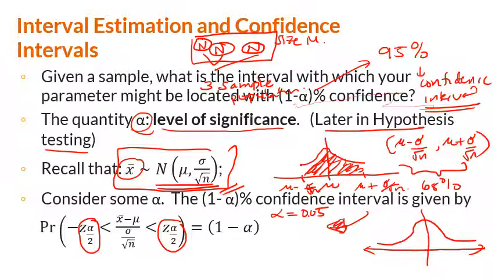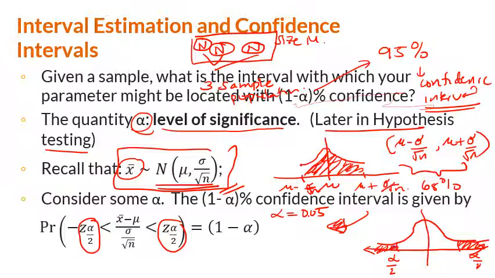Okay, so we are evaluating this particular tail. So alpha, ito, 0.05. Ito yung alpha over 2 na probability. And then ito yung upper bound. So dalawang tails.